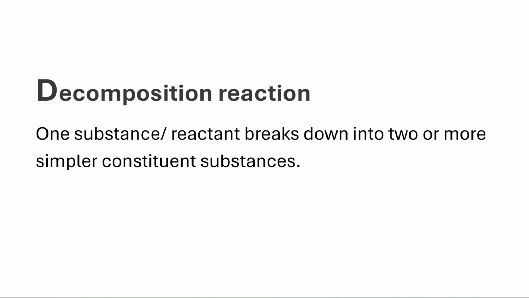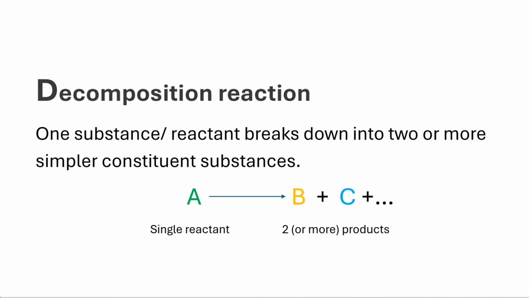Decomposition reaction can simply be defined as a type of chemical reaction in which a single substance or reactant breaks down into 2 or more simpler constituent substances. A typical decomposition reaction can be represented by the chemical equation A gives B plus C, and so on.